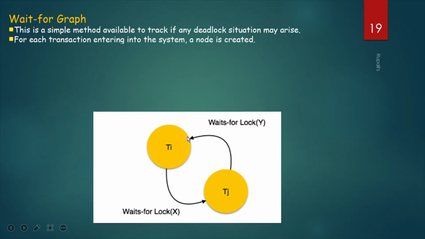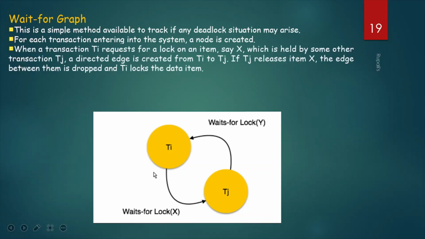When a transaction Ti requests a lock on an item, say X, which is held by some other transaction Tj, then we draw one directed edge from Ti to Tj. And if Tj releases the item X, the edge from Ti to Tj will be dropped. In this way, we draw the Wait-for Graph.